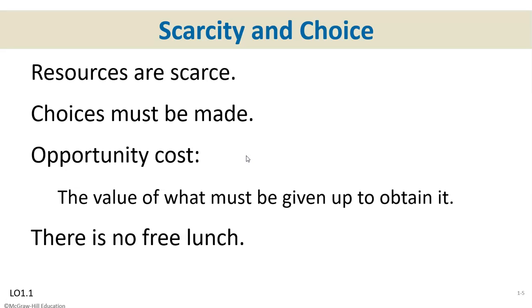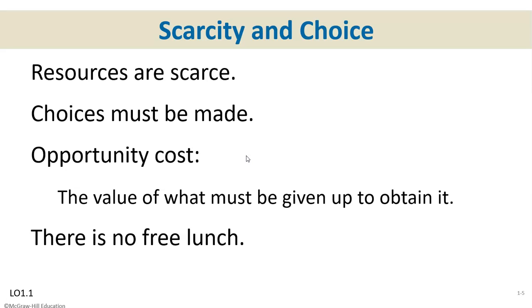Now, keep in mind here, cost in economics is actually a little bit different than the word cost in the way that you would use it in the real world, or the way that you would use it in some of your other business classes. So a lot of times when you're thinking about the cost of something, you're thinking, okay, what did I pay for it?